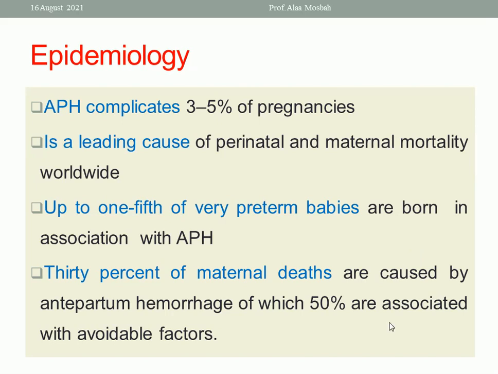And you can imagine that in developing countries 30% of maternal deaths are caused by antepartum hemorrhage. What is very important and surprising for you is that 50% of these cases can be avoided. So we should care for any pregnant woman in developing countries to avoid death from bleeding such as antepartum hemorrhage.